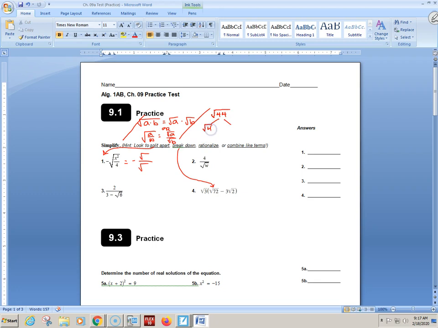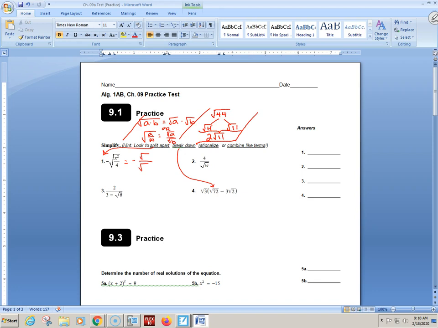Do we know how to square root either of those? What is the square root of 4? That's 2, and so we get 2 root 11. Remember, we can take something that's more complicated and break it down to have a smaller radicand, the thing inside the radical. That's breaking down. What's the next one?